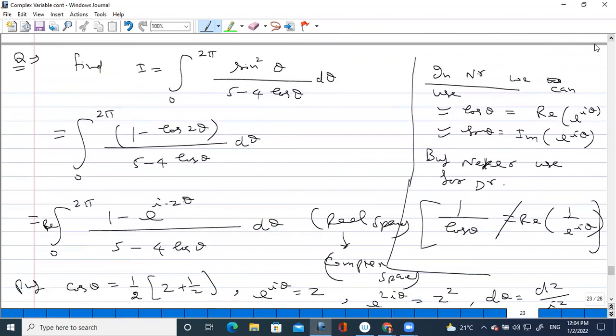When we are converting this sine square theta, you can make it 2 sine square theta. That 2 sine square theta is 1 minus cos 2 theta.